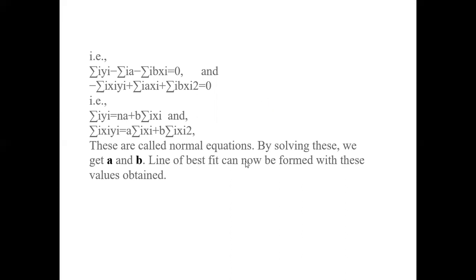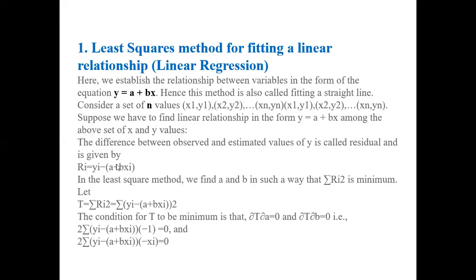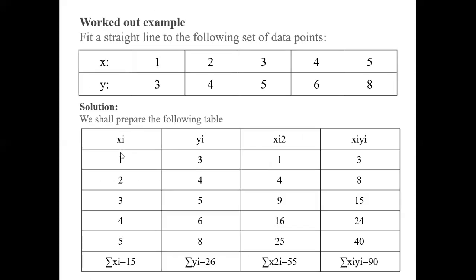The line of best fit can then be formed with these values of a and b, y = a + bx. This is the formula used for finding a and b from the least square approximation method.